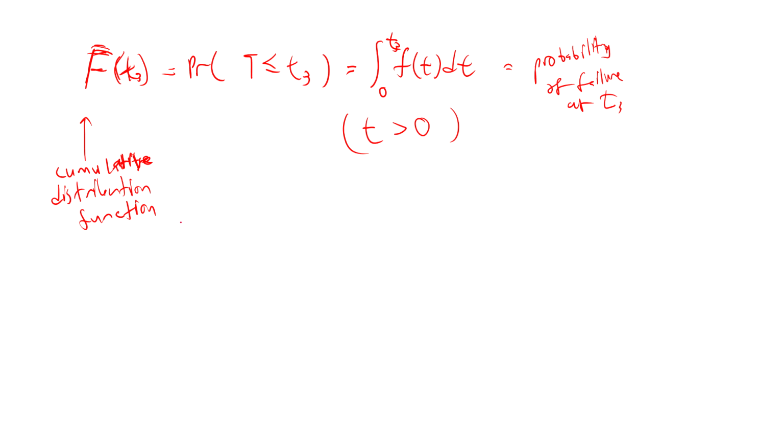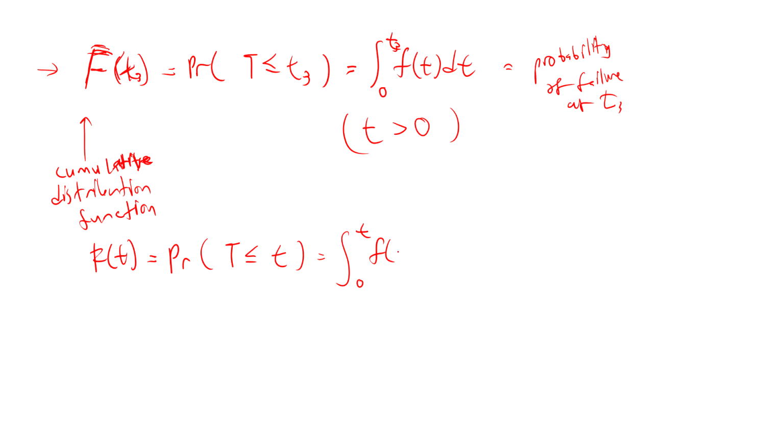So mathematically, I'm rewriting this equation, the general equation. F(t) equals the probability of failure at time t, which is the probability that the time to failure is less than or equal to the time that we are asking its failure probability, which is the integral from 0 to t of f(u) du.